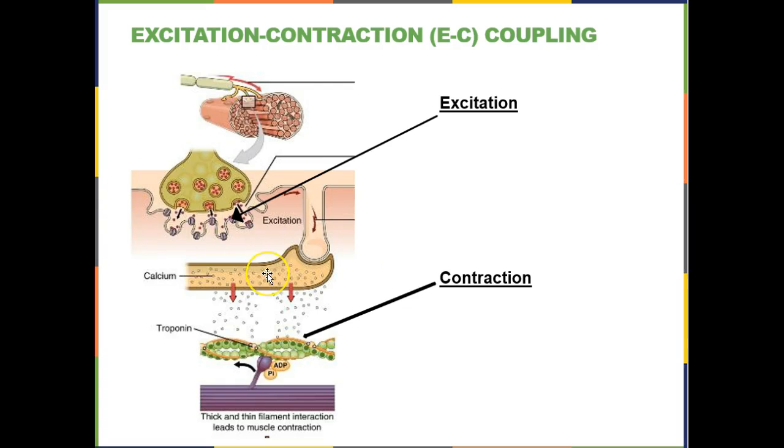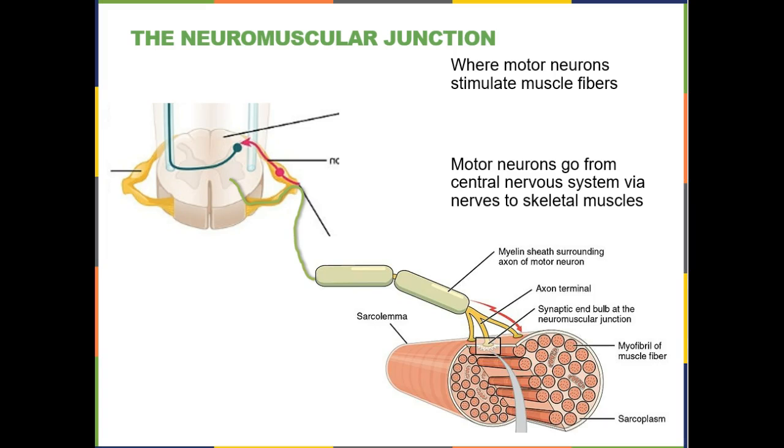So what we're talking about now, again, is the mechanism that couples electrical excitation, which starts on the surface of the muscle cell, with the contraction of myosin and actin. And you're going to see, spoiler alert, calcium is involved. So the way your muscles are controlled is by neurons that extend from your spinal cord.